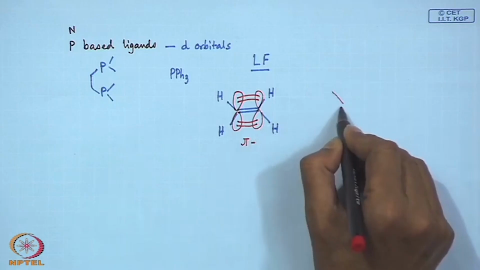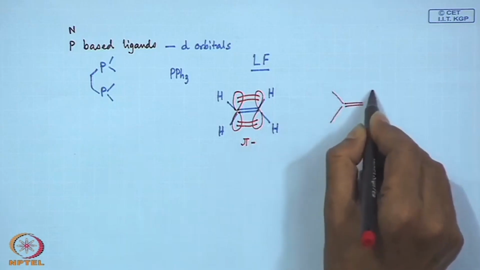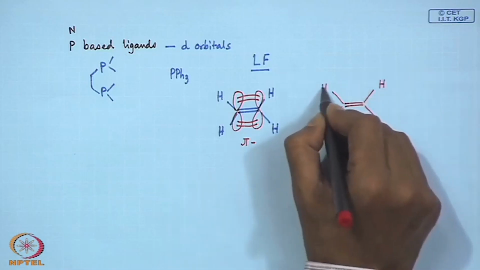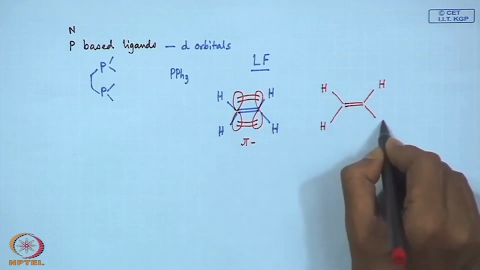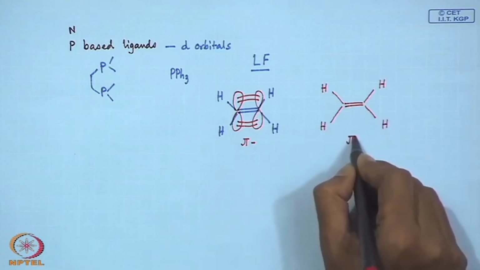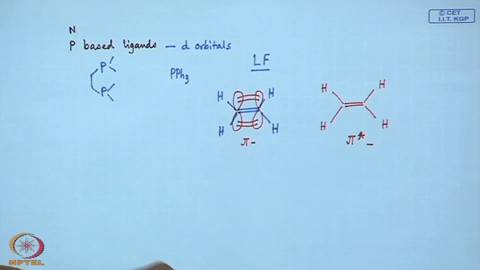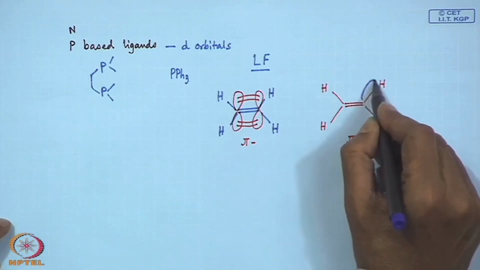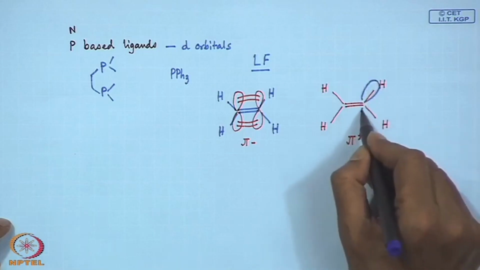But when the same thing is happening for the pi star orbitals, we will see that these are basically not symmetry matched.